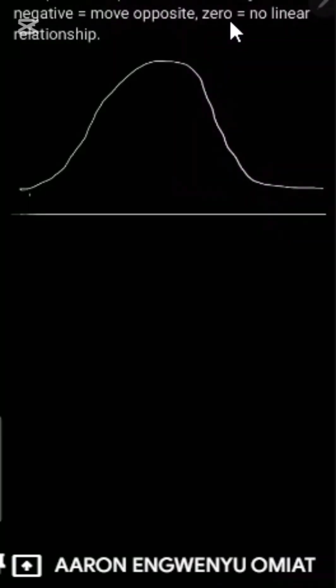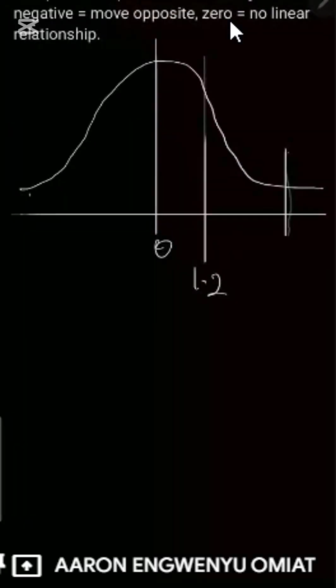So we have two z values. Let's first put the mean. This is our mean of 0. First one is 1.2, and the second one is 1.5.